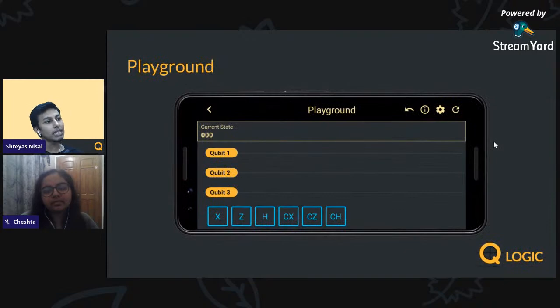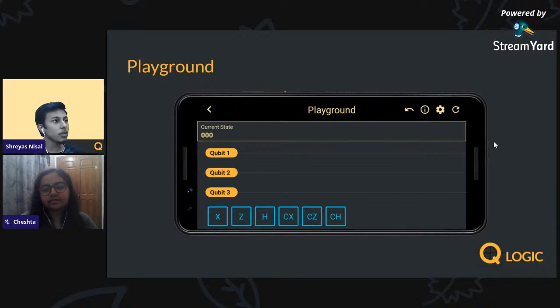And then we have the playground. If you've looked at Circuit Composer, you would know that QLogic as a game is very similar to a gamified version of a Circuit Composer. In a Circuit Composer, you need to think about what the initial state is, what the final state you want, and once you do get the results, you need to draw your conclusions from there.